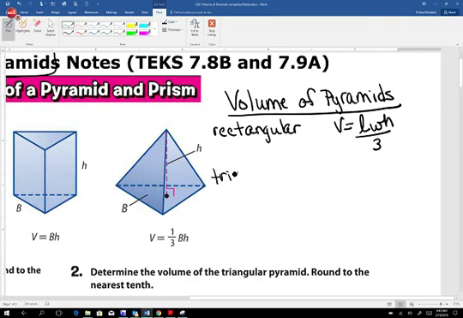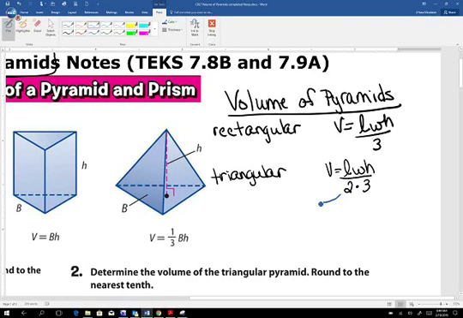For triangular pyramids, its volume equals length times width times height divided by 2 and 3. And we do this because a triangle is half of a rectangle and a pyramid is 1/3 of a prism.